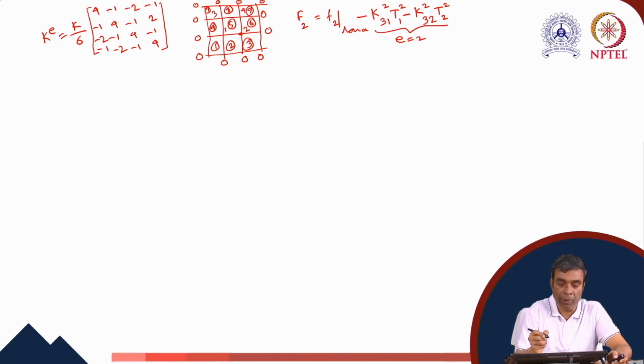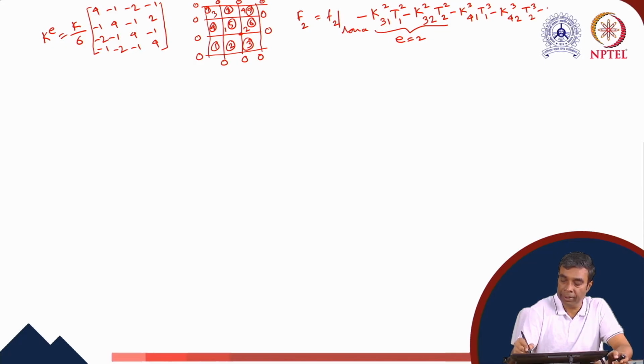The next contribution will come from element 3. Here we write the equation at local node 4. So our I will be 4 and B will be 1, 2 and 3 and E will be 3. So we write minus K 4 1 3 T1 3 minus K 4 2 3 T2 3 minus K 4 3 3 T3 3.